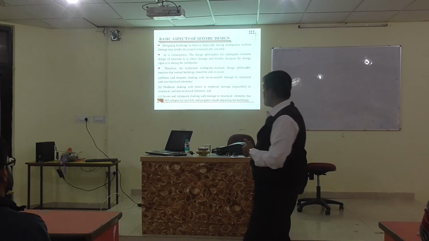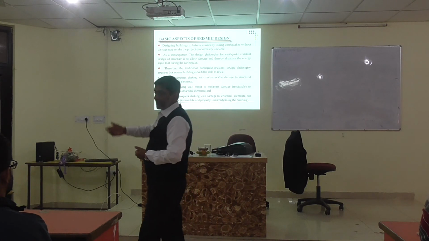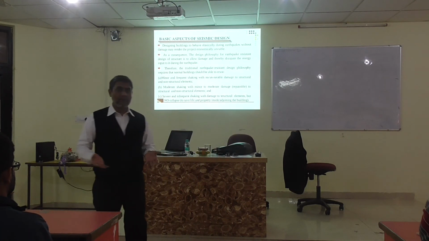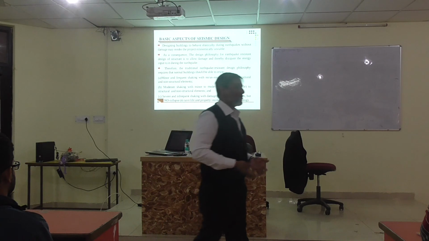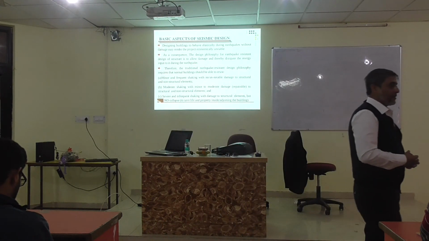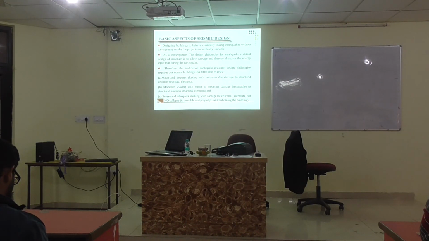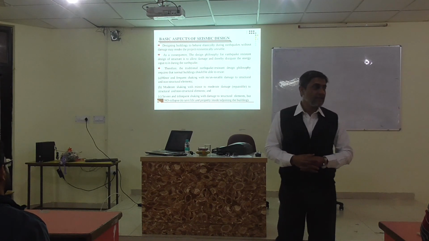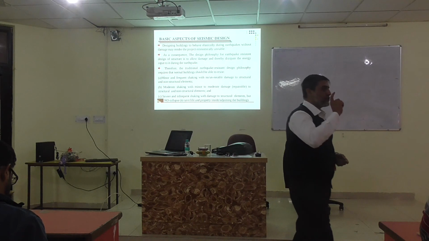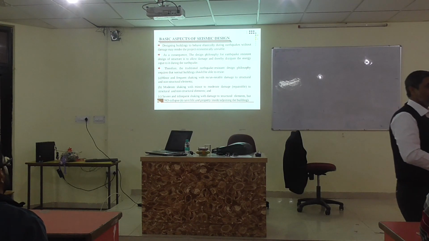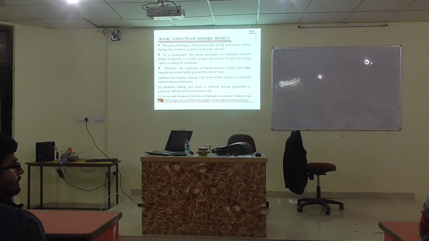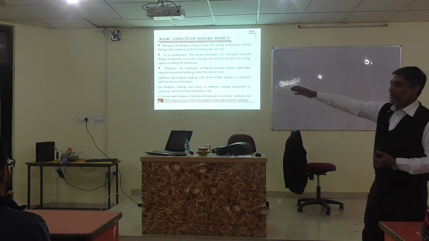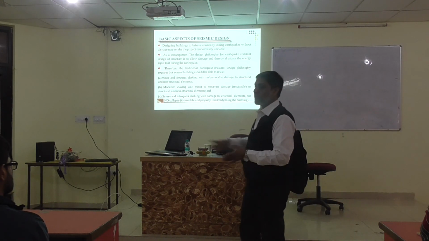Right? And if there is some catastrophic earthquake of highest possible magnitude, then what we expect from our structure? We expect that the structure should not collapse completely. Definitely, the non-structural component will fail, like partition walls, like any balcony projected outside, portico.